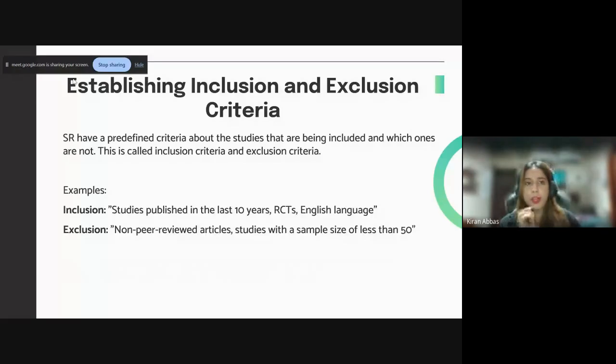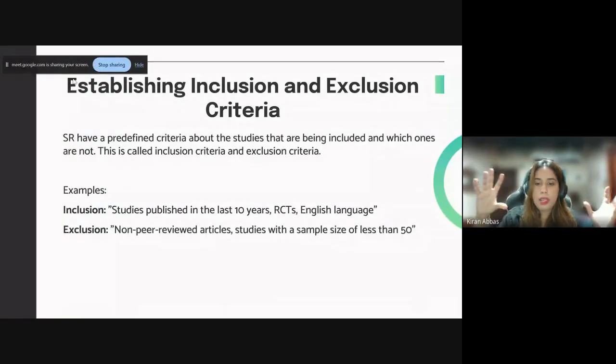Okay. Now, moving on to establishing the inclusion and exclusion criteria, an extremely important part of your systematic review. As I said, systematic reviews and meta-analyses must have a predefined set of inclusion and exclusion criteria. You need to make sure that you know which studies you want to include, which ones you want to throw out.